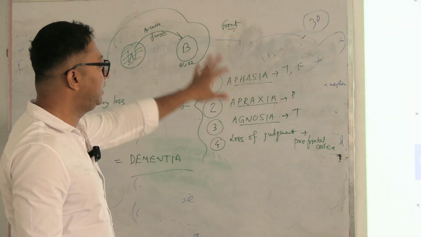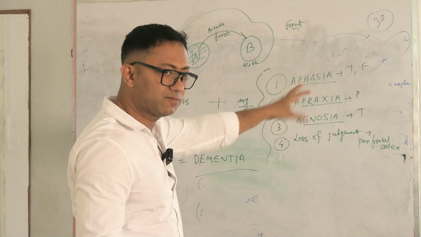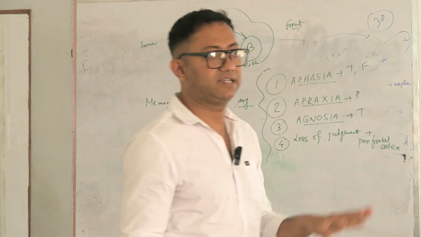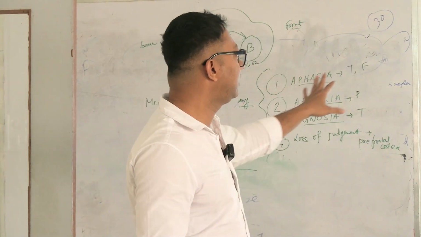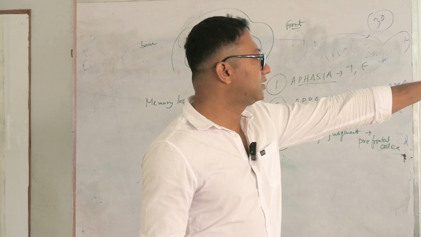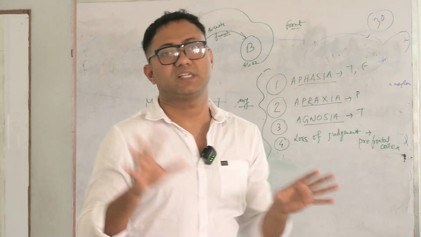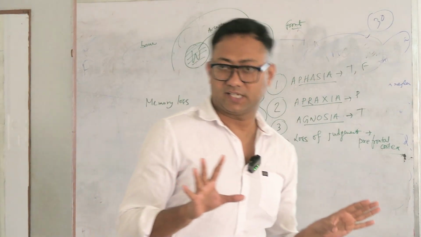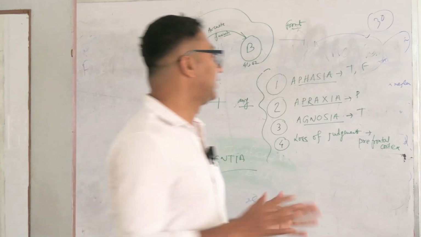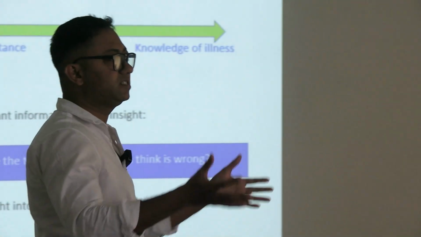The patient can be completely in denial. ठीक है, मुझे कुछ नहीं है, पेशेंट पूरा डिनाई कर रहा है, ठीक है, आई डोंट हैव एनीथिंग, कंप्लीट डिनायल, and on the other side knowledge of illness, yes मुझे पता है आई एम सिजोफ्रेनिक, ठीक है. So this is the thing, okay. So you need to check the insight as well, whether the patient is aware of his illness or not, or there is complete denial, okay.